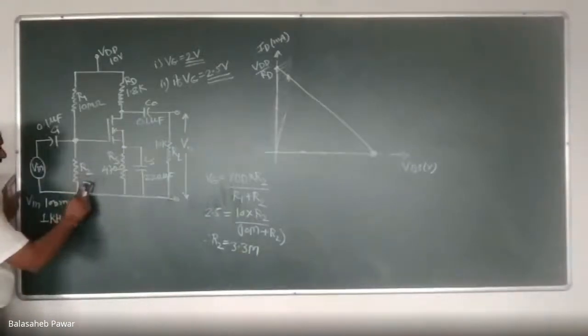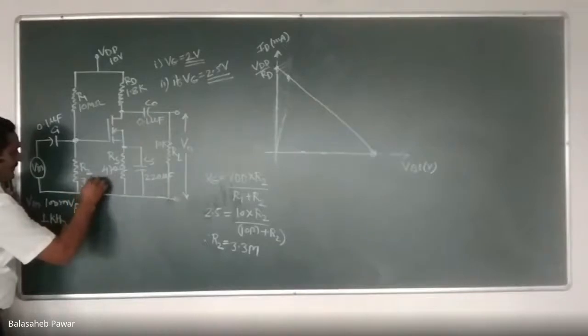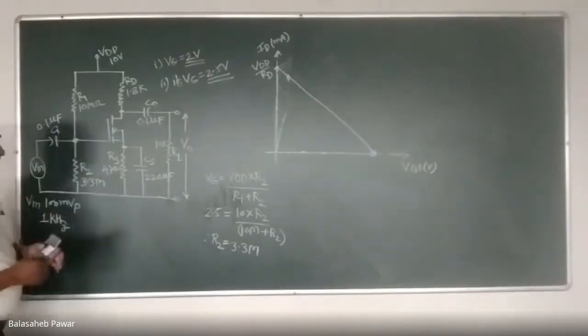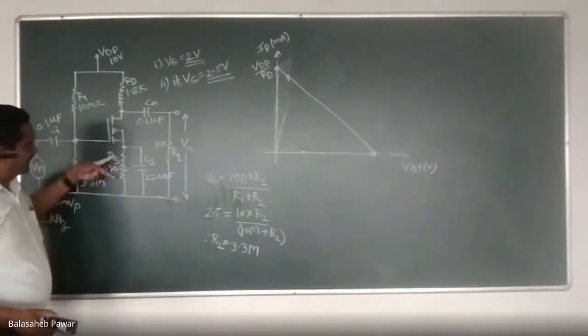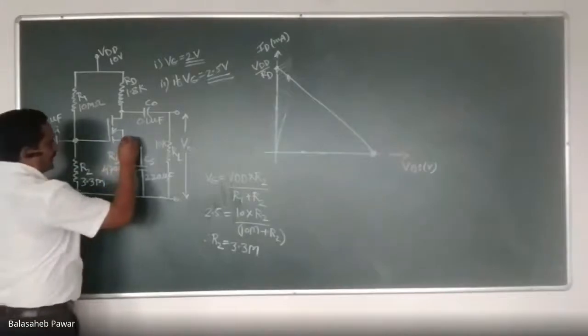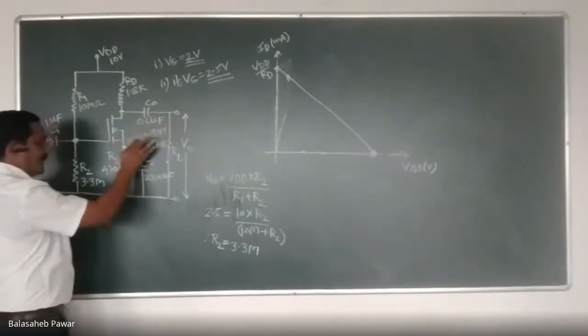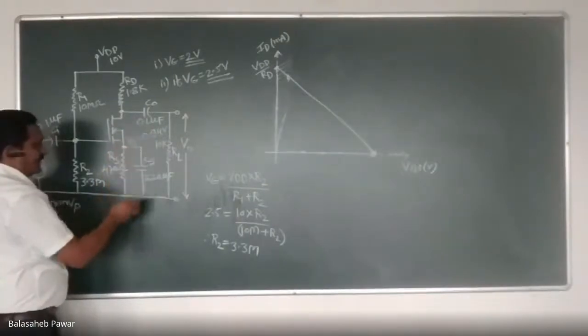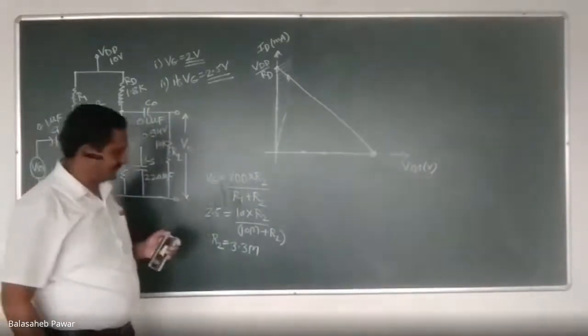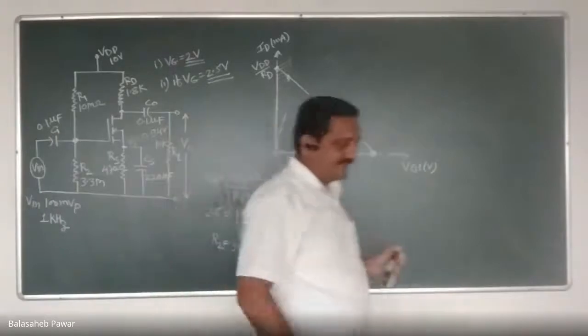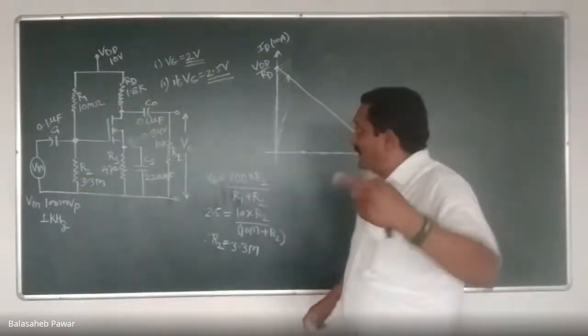So I will use R2 as 3.3 mega ohm. Our Rs is fixed, and that's why whatever Vs there is, that is 0.94 as per our previous calculation, it will remain the same. Okay. Vgs will change.